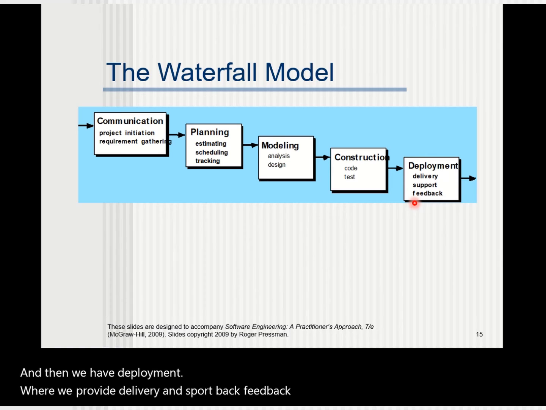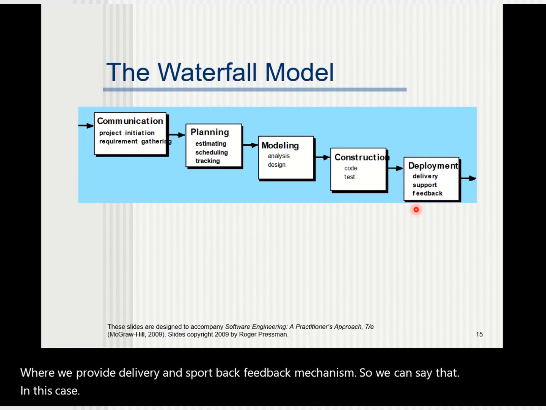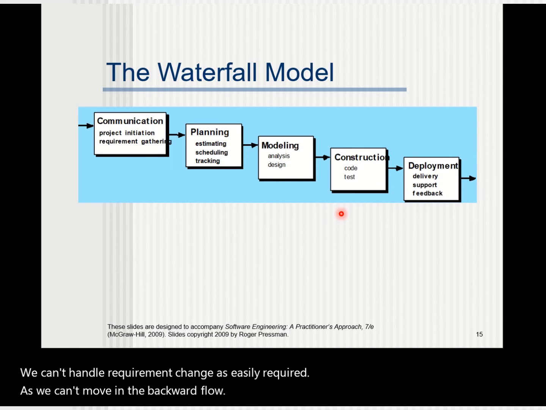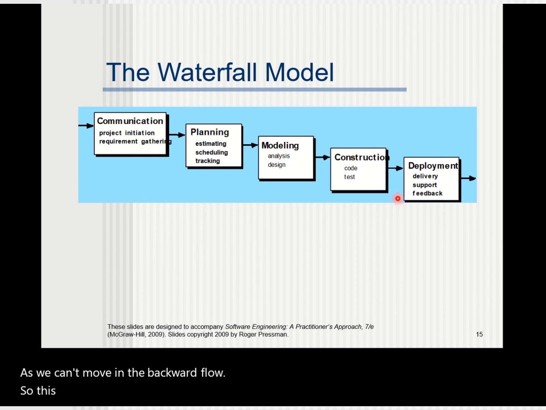So we can say that in this case we can't handle requirement change as easily as required, as we can't move in the backward flow. So this always makes you progress forward. The waterfall model is a linear followed approach.